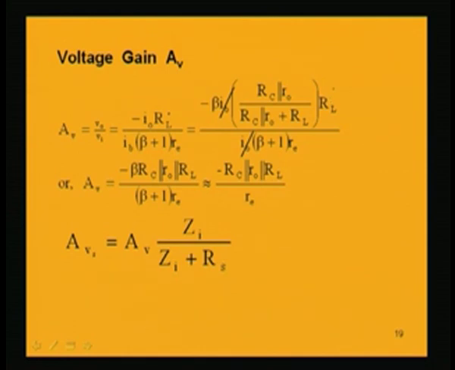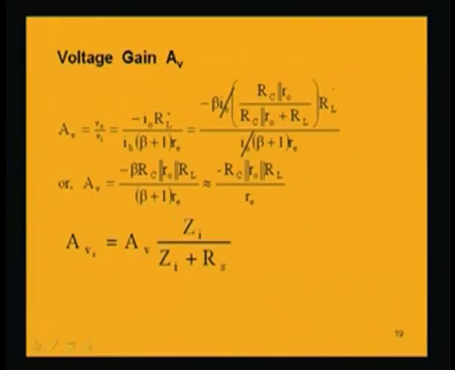So finally, I get the parallel combination of these 3 resistances: RC, small R0 and capital RL. That gives minus beta into RC parallel R0 parallel RL, and in the denominator, (beta plus 1) into small RE. This is the exact expression that we obtain for this voltage divider biasing scheme.